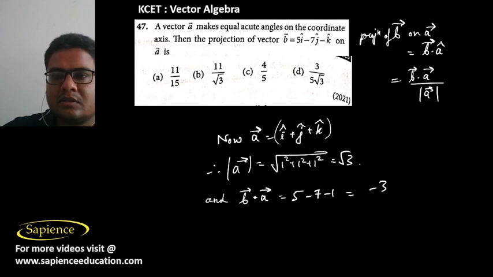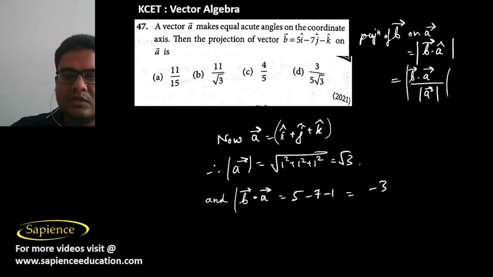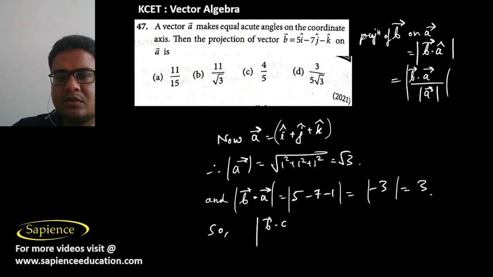We can take the magnitude of this, mod of this. So magnitude of B dot A by mod A is equal to 3 by 2.